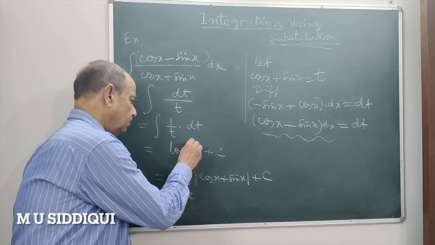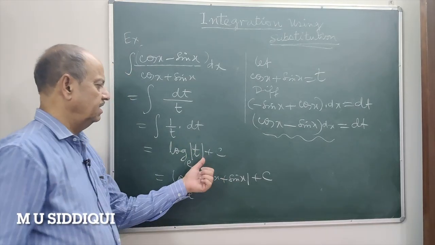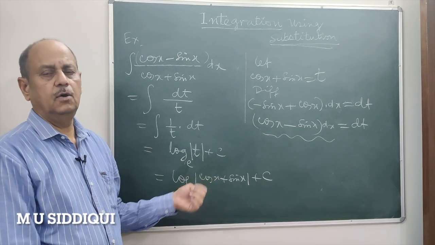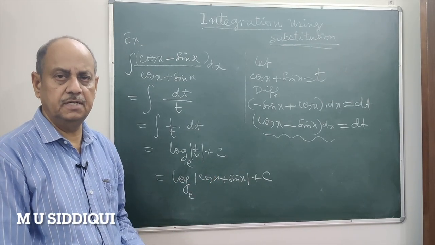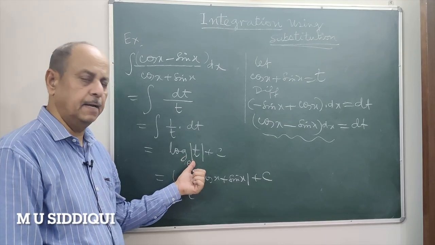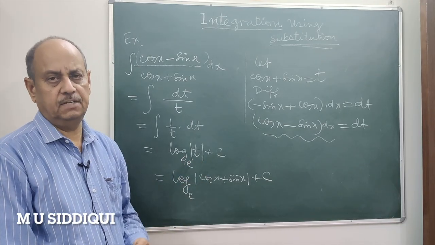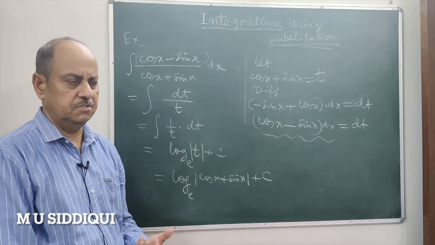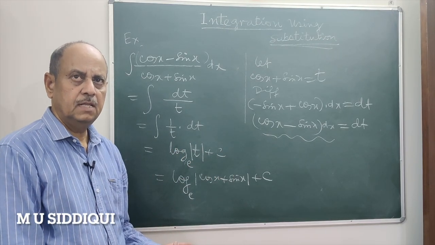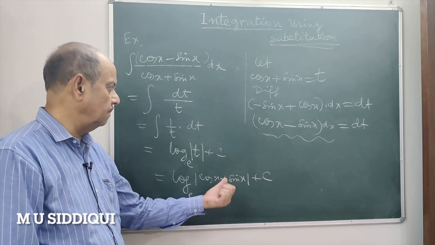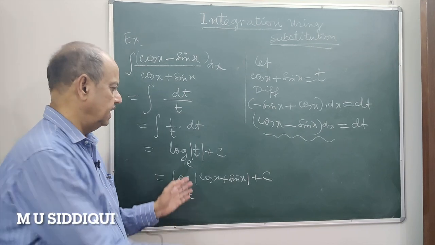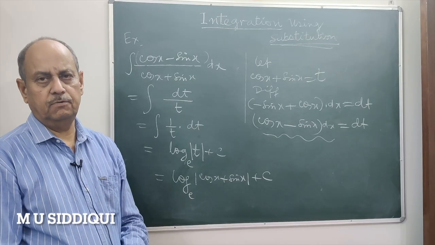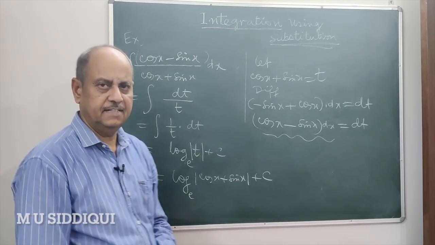And whenever you write a logarithm, you should always put the absolute value sign, which means that only positive values are considered, because logarithms are defined only for positive values. If you have logarithm of a numerical value, you can see whether it is positive or not. If it is some variable form, you have to see that the expression remains positive. So we put it between the absolute value function. Okay, that's it. Thank you.